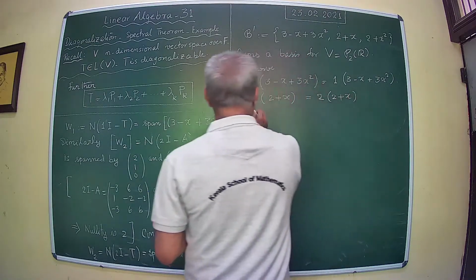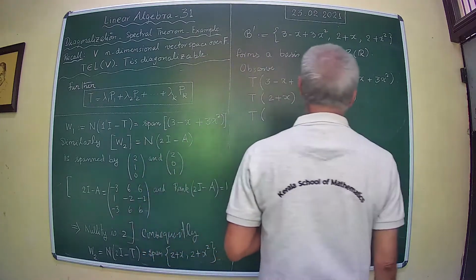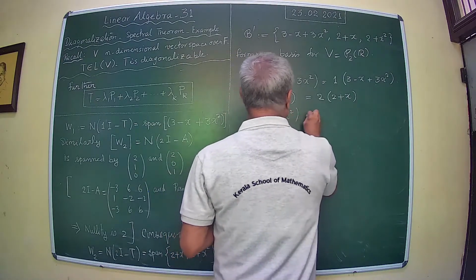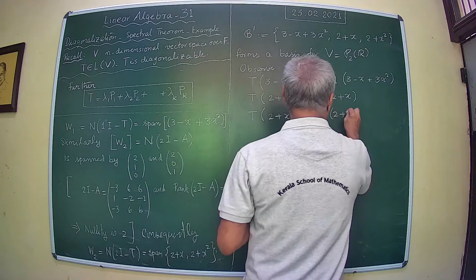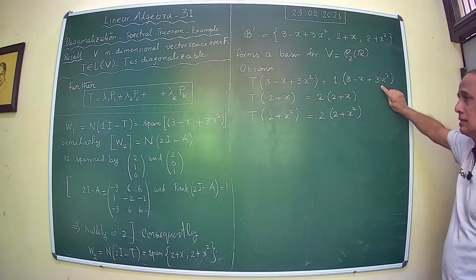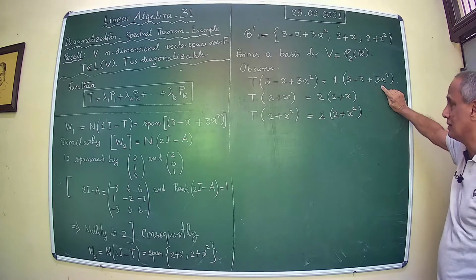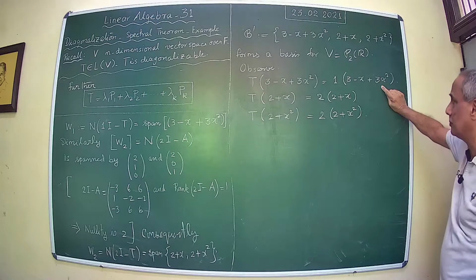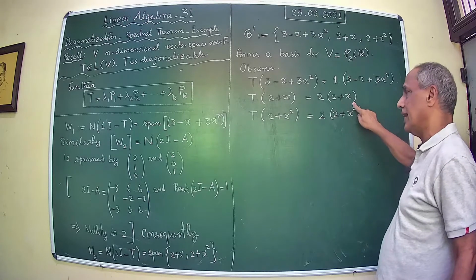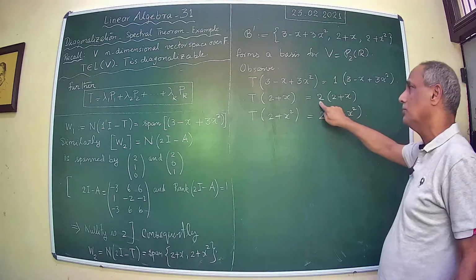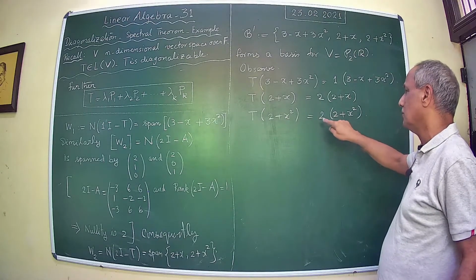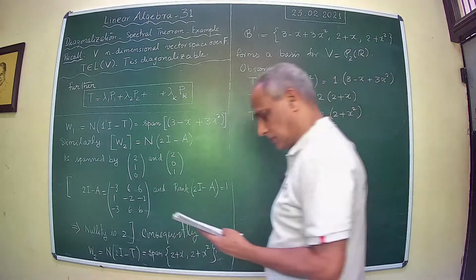This is very easy to compute. That means 3 minus x plus 3x square is an eigenvector of T corresponding to the eigenvalue 1. 2 plus x is an eigenvector corresponding to the eigenvalue 2. 2 plus x square is also an eigenvector corresponding to the eigenvalue 2. So this is what it is.